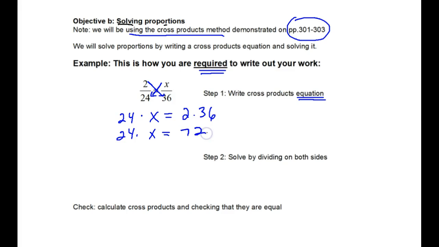2 times 36 is 72. I'm going to divide on both sides by whatever is multiplied onto the variable. That's 24. I'm going to divide both sides here by 24. 24x divided by 24 just makes 1x, which is what we're looking for, x. 1x is the same as x. 72 divided by 24 is 3.